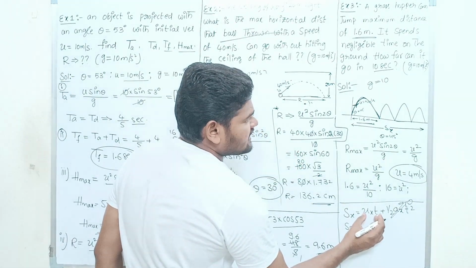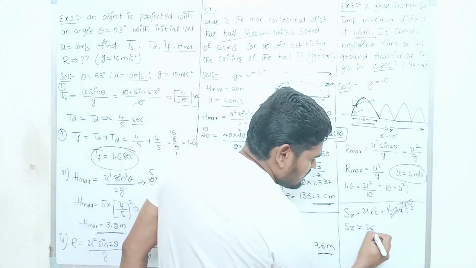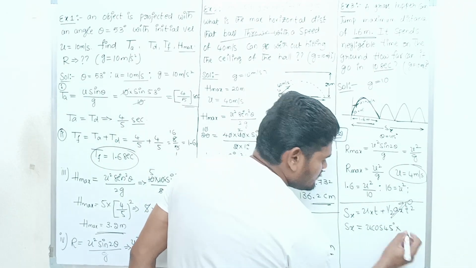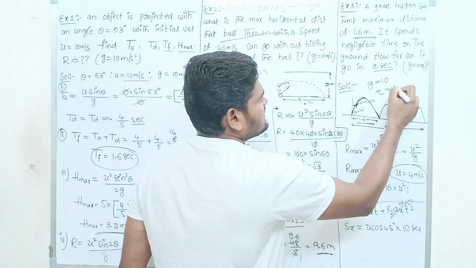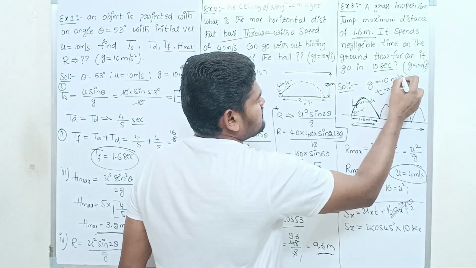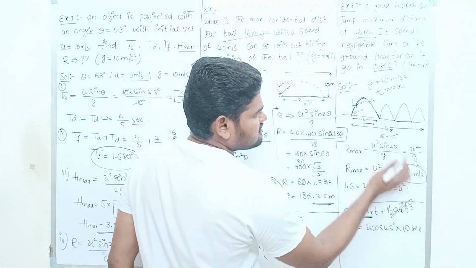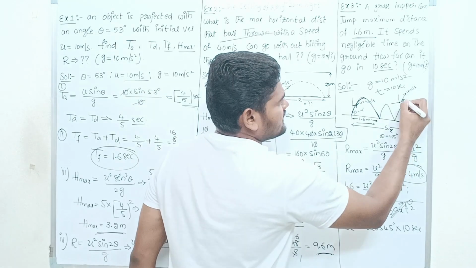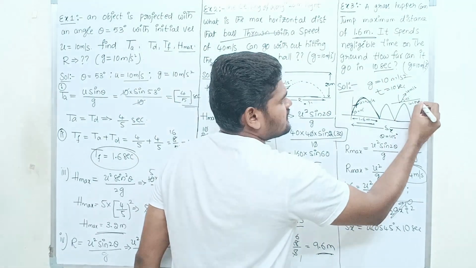Initial velocity along the x direction is u cos theta, with theta equal to 45 degrees, into time. The time is t equal to 10 seconds, and g is 10 meters per second square. Here we take ux. So u is equal to 4 meters per second and theta is equal to 45 degrees, so 4 cos 45.